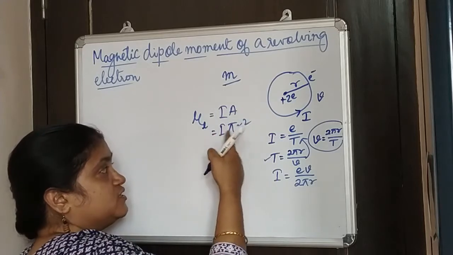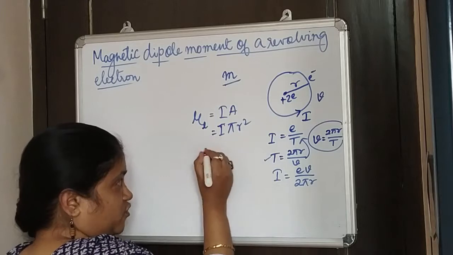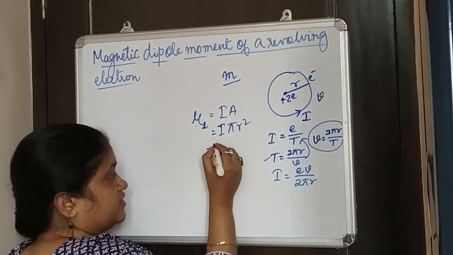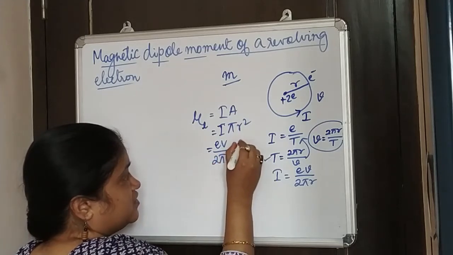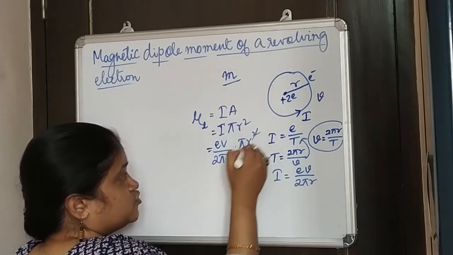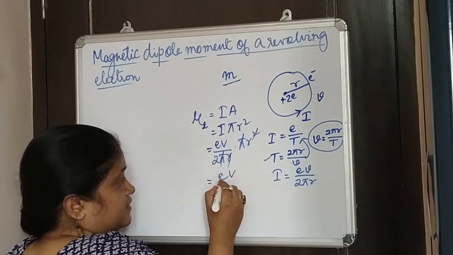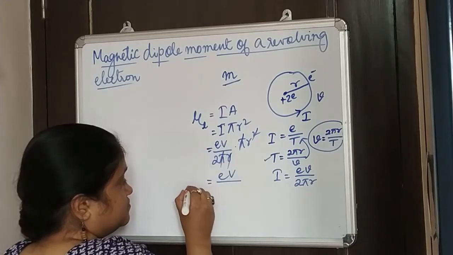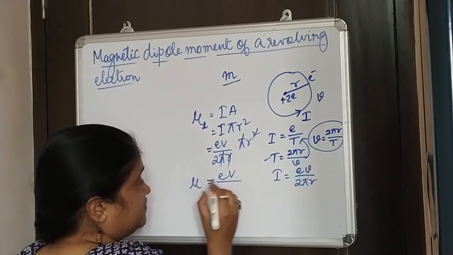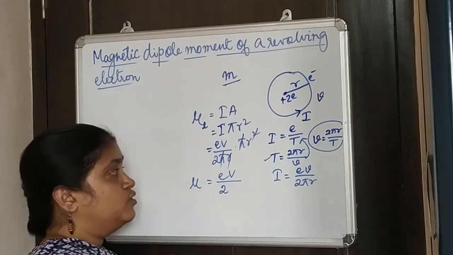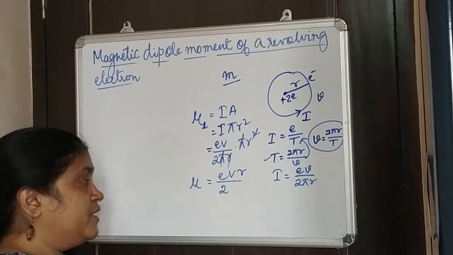Now substituting for I, as we have already calculated, we can write eV by 2 pi r into pi r square. Just cancelling the necessary things, we can tell that the magnetic moment is eV r by 2, right?